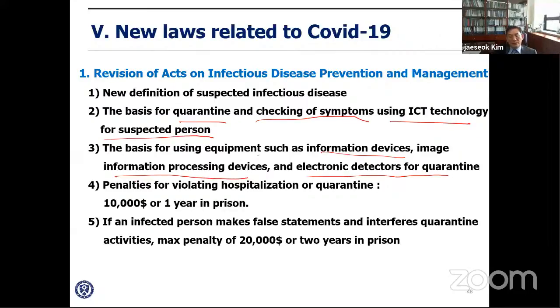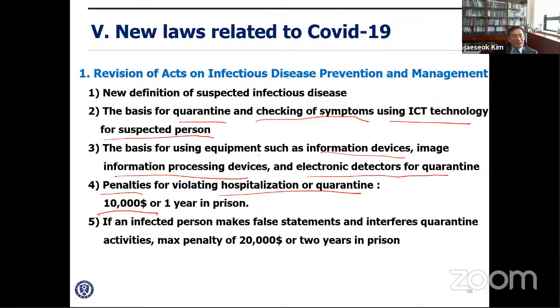However, their personal information is only used for tracking of infected persons. The government is not allowed to use this data for other purposes. One important item is the penalties for violating this quarantine: 10,000 US dollars or 1 year in prison.